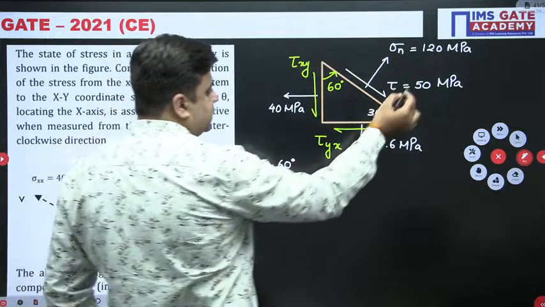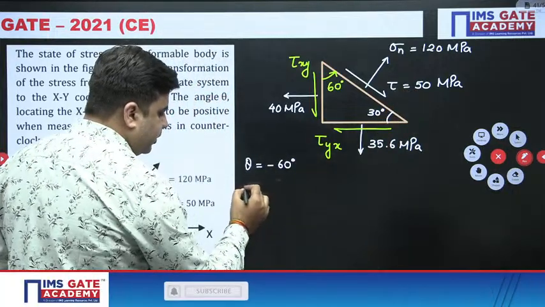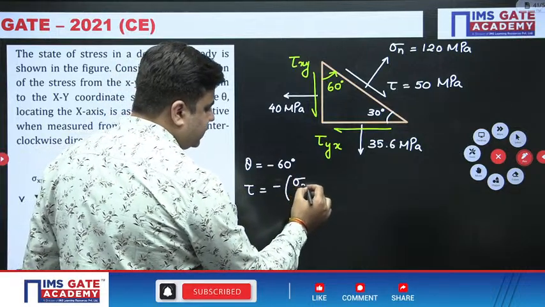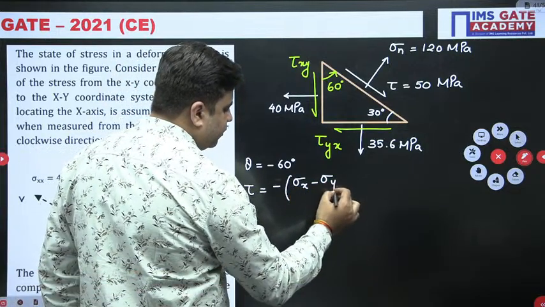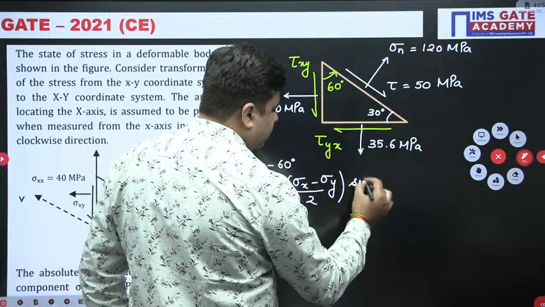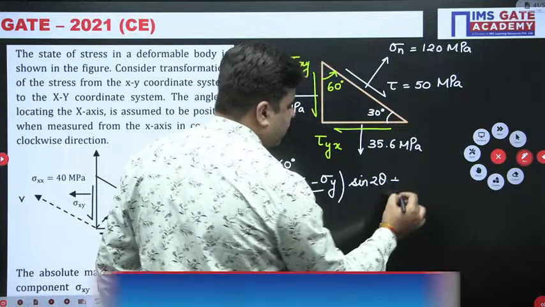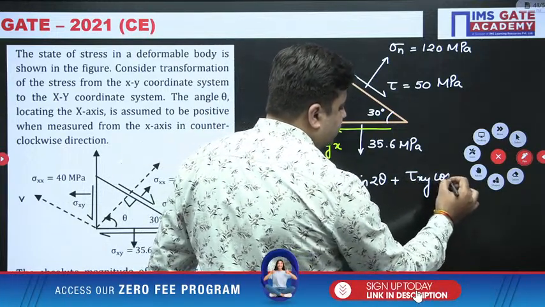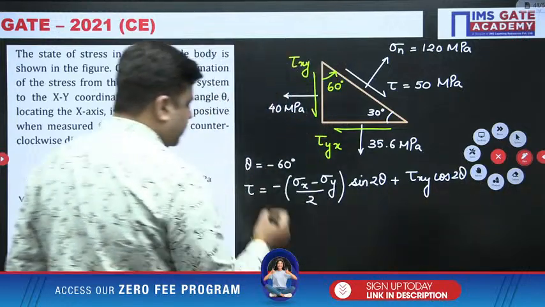I will use this equation of shear stress on the oblique plane. So, shear stress on the oblique plane is minus of (sigma x minus sigma y) by 2 into sine 2 theta plus tau xy cos 2 theta. Substitute the value of tau.